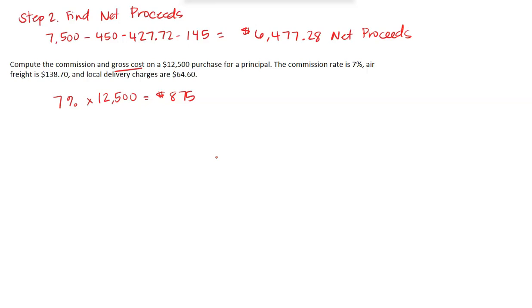And now when I calculate the gross cost, I'm going to take that purchase price of $12,500, and now I'm going to add the commission amount as well as any charges or fees. So now I'm adding $138.70 from the air freight, as well as $64.60 from delivery charges.